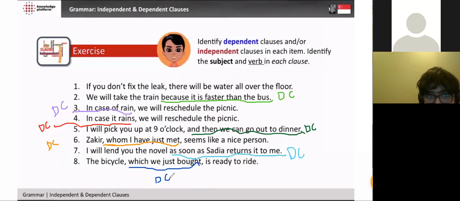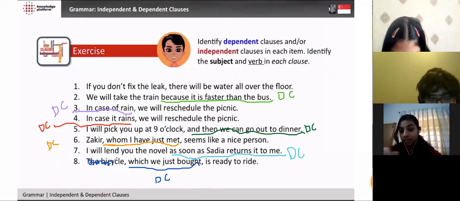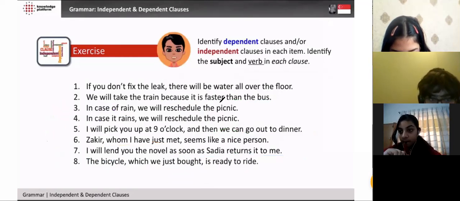ठीक है? जी मैम. अगर मैं ये चीज हटा दूं इधर से, ये देखना जरा, अगर मैंने ये सारा किचड़ मिचड़ कर दिया, which we just bought की कोई सेंस बन रही है बेटे? नहीं मैम. अगर मैं यहां से इसको हटा दूं, तो क्या the bicycle is ready to ride की कोई सेंस बन रही है?